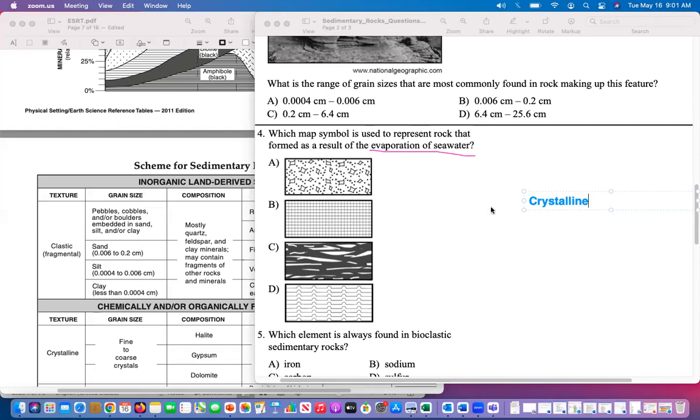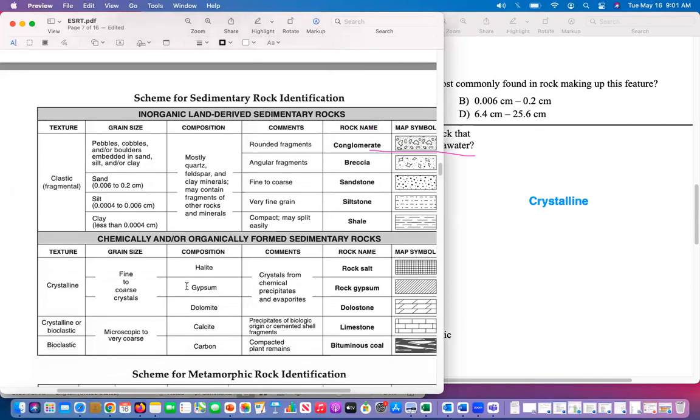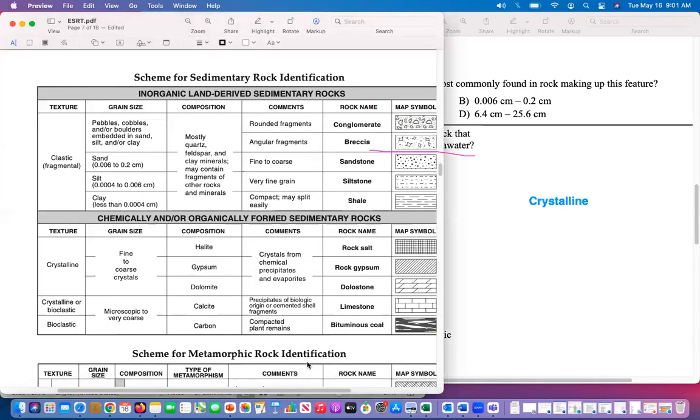It's a crystalline sedimentary rock. And when I look, let's see where I see crystalline. So I see this rock, the crystalline here, crystalline here. So it could be rock salt, rock gypsum, dolostone, or limestone.